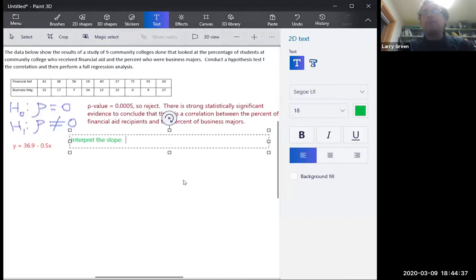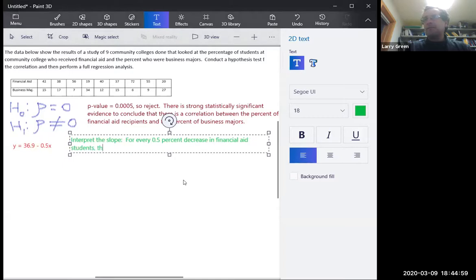Now, if you have a rise of negative 0.5, that's a decrease. So we can say that for every half, or 0.5%, decrease in financial aid students, there tends to be an increase of 1% more business majors.